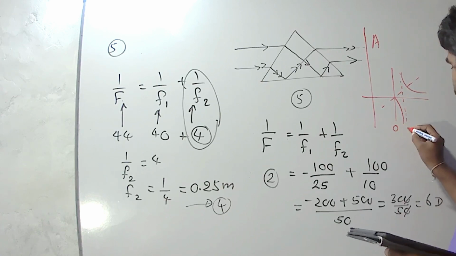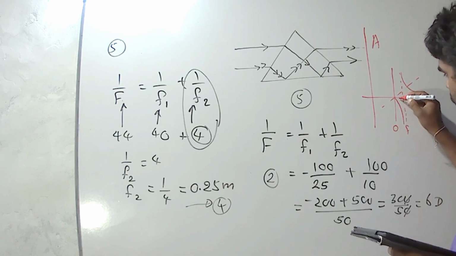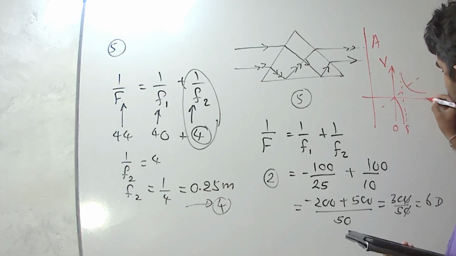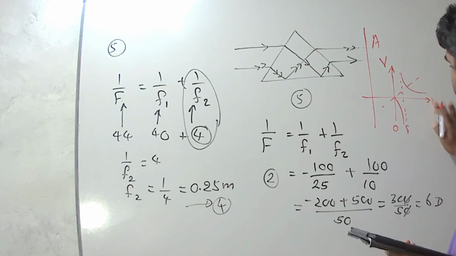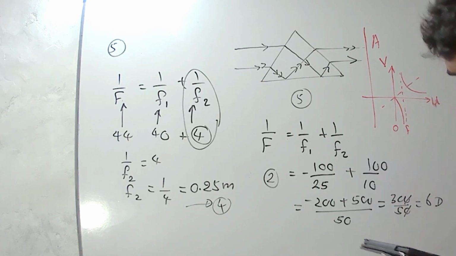From 0 to f, it means this range, we can see that the image distance is increasing from 0 to infinity. Therefore, A is correct.